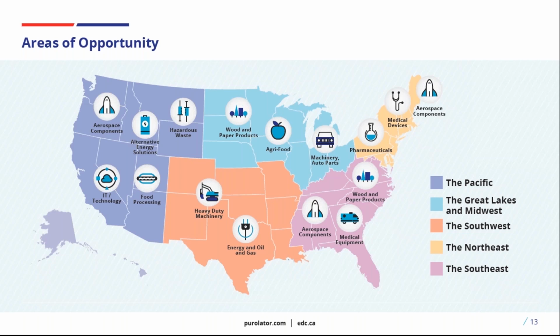In the Southeast, there's a wide range of Canadian products that are being sold into this region. Includes medical equipment and supplies, forestry and wood products, aerospace components, machinery, rubber and plastics.